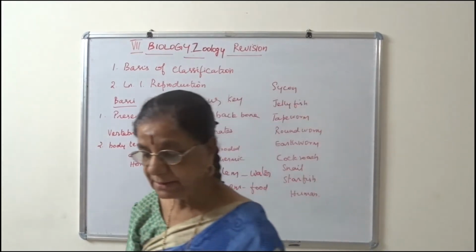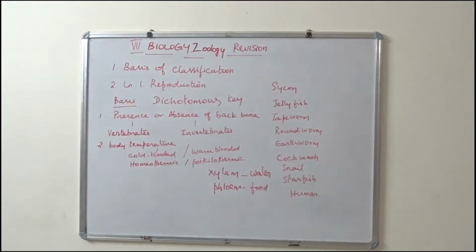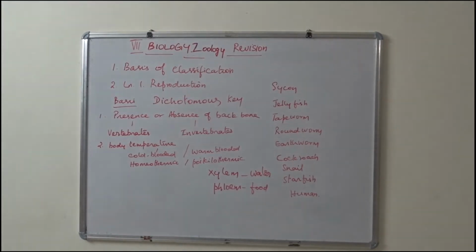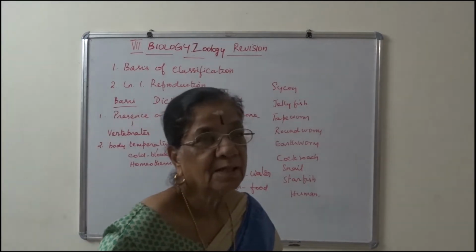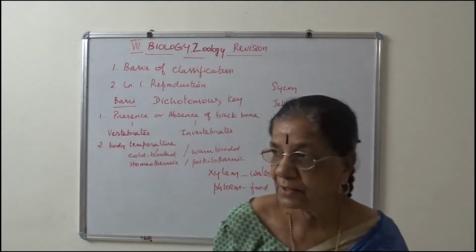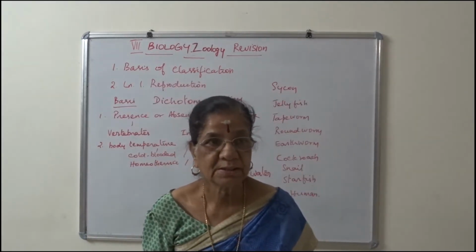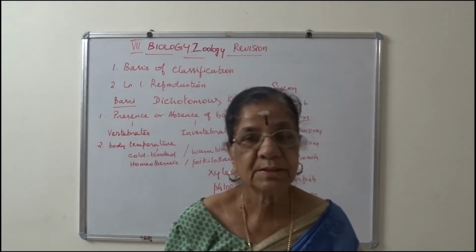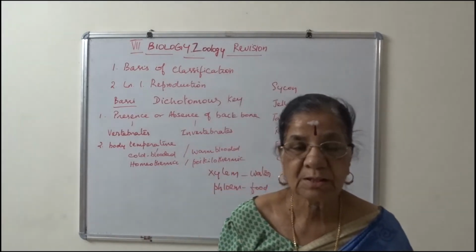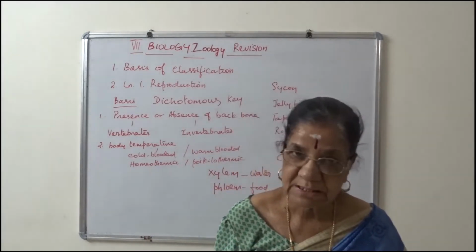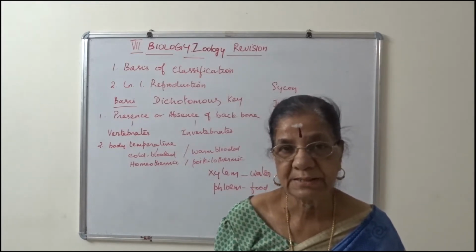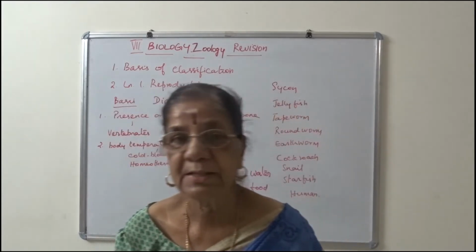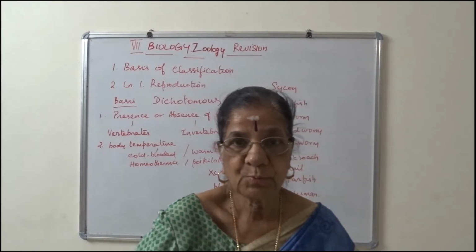The 5 kingdoms are kingdom Monera, kingdom Protista, kingdom Fungi, kingdom Plantae and kingdom Animalia. I hope you follow.